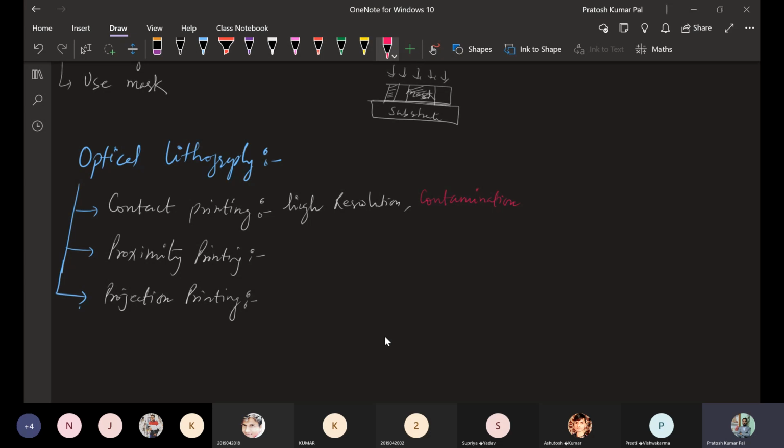If the mask has some dirt, it can directly contaminate the substrate. So this is the disadvantage. Another disadvantage is that as the mask is going to touch the substrate, there is a chance of wear and tear loss.